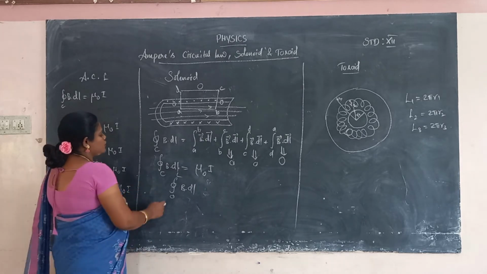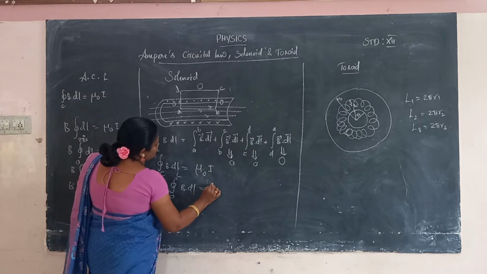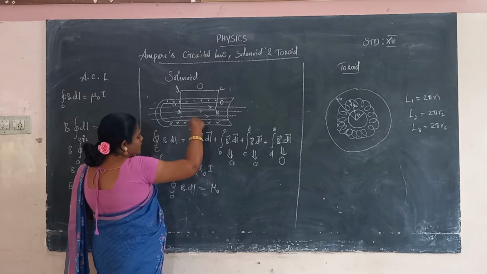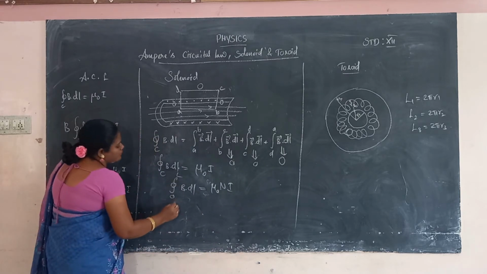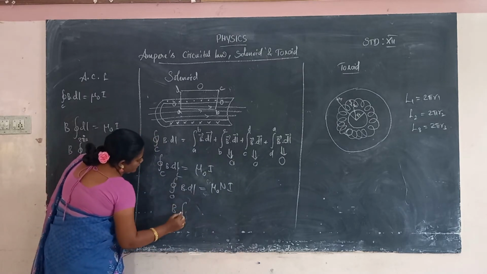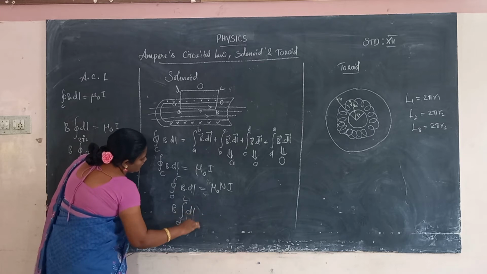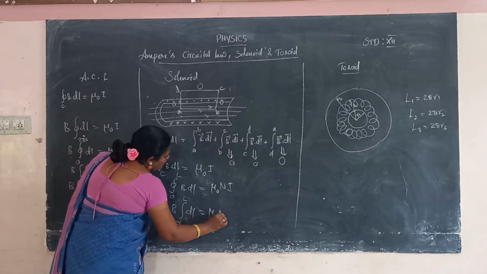So B times the integral of dl from 0 to L is equal to mu naught, with the solenoid having n turns, that is n into I. Then the integral of dl from 0 to L is equal to mu naught n into I.